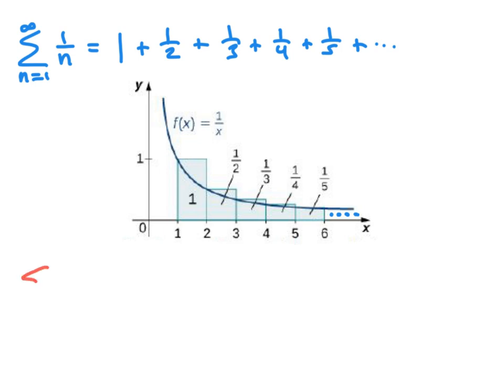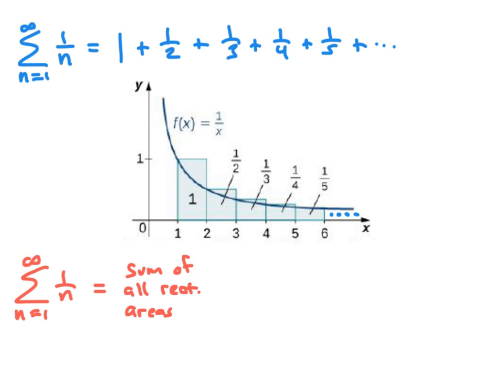This observation demonstrates that the sum from n equal 1 to infinity of 1 over n, the series that we're considering, is going to equal the sum of all of the rectangle areas along the interval from 0 to infinity. This gives us a geometric way of representing our given series as the areas of an infinite number of rectangles.